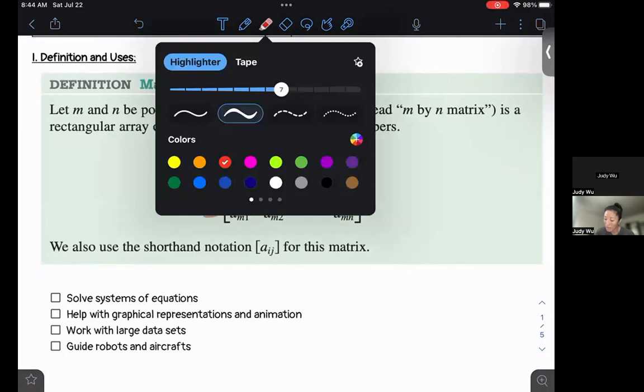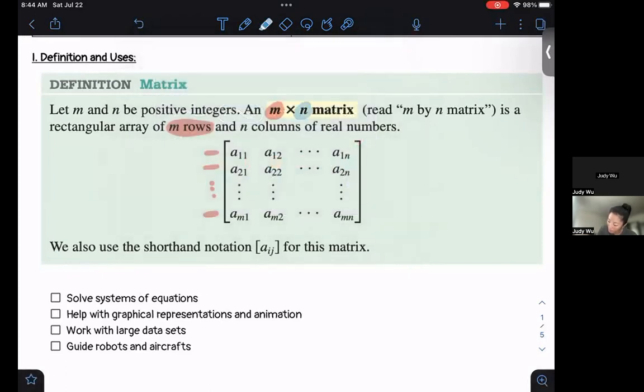And we want to count how many of those we have, but then we also want to count how many columns we have. That would be like 1, 2, all the way to n columns. So the columns go up and down and the rows go across. That is one of the most important distinctions when we're describing how large a matrix is.